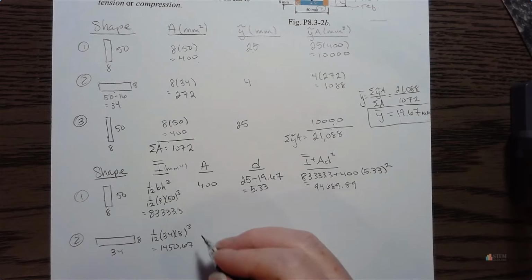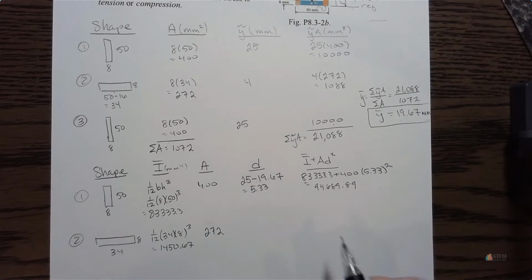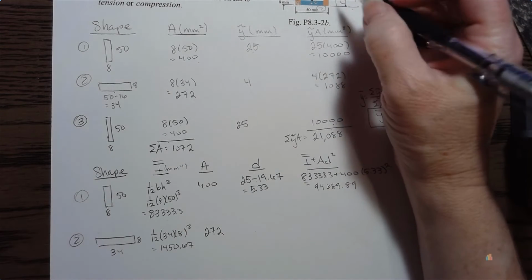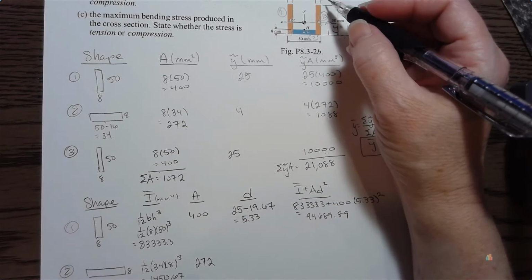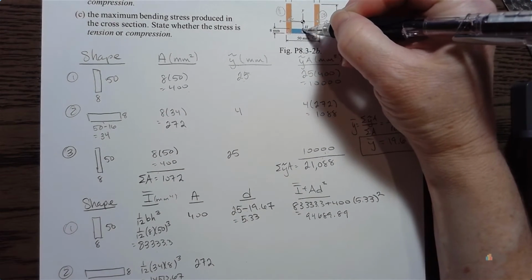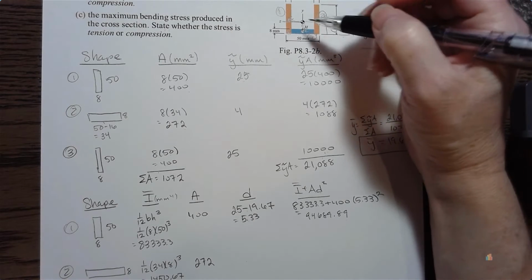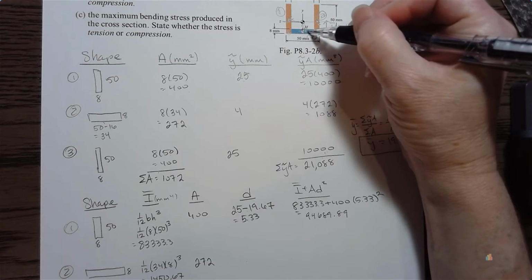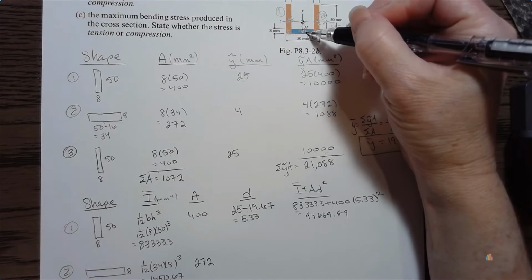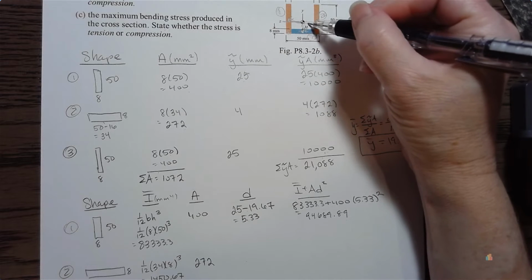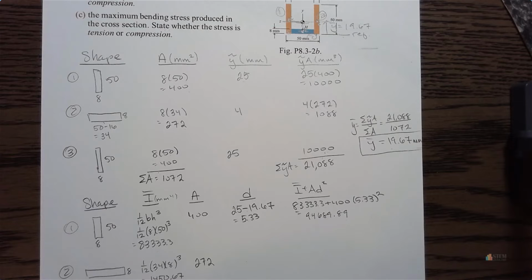Area, we already calculated, 272. Just bring that down. D, so remember what D is. If we come back up here, D is just going to be this distance between those two lines, right? Between the 2 points. So imagine a horizontal line going through this centroid, and we got a line going through this centroid. You want to find the distance between those.